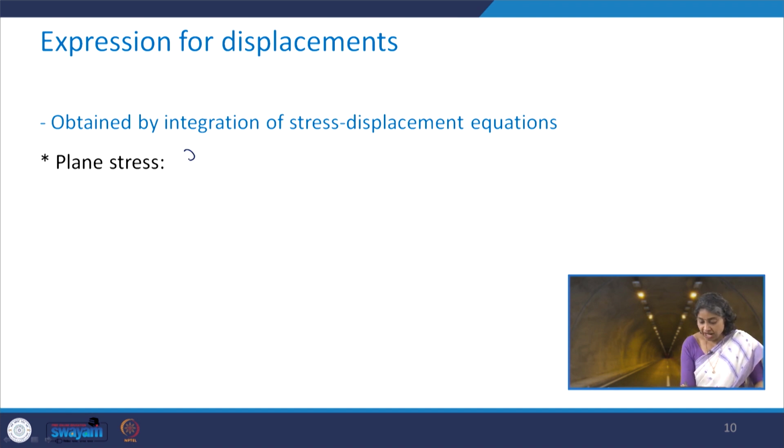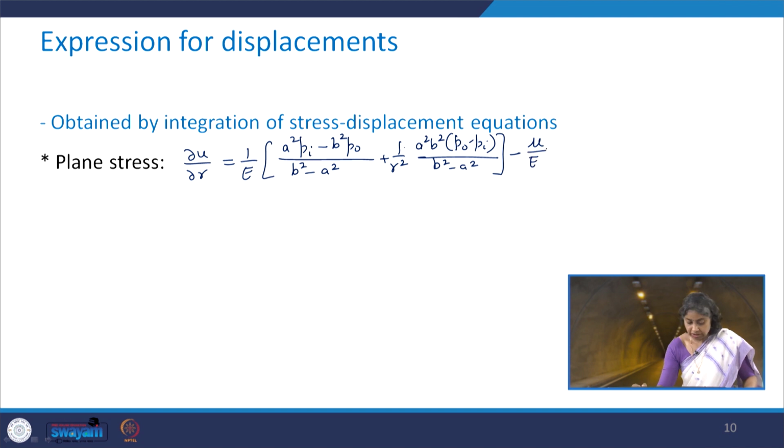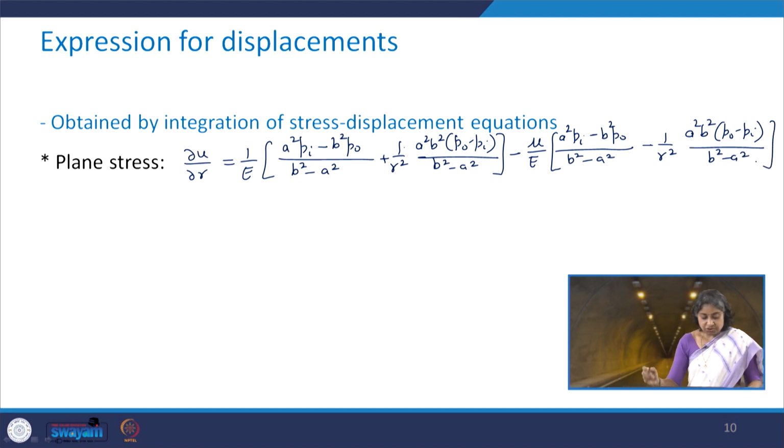So, here what we are going to have is del u del r as 1 upon E [a square p i minus b square p naught divided by b square minus a square plus 1 upon r square a square b square p naught minus p i divided by b square minus a square] minus mu upon E [a square p i minus b square p naught divided by b square minus a square minus 1 upon r square a square b square p naught minus p i divided by b square minus a square]. So, this is what we are getting.